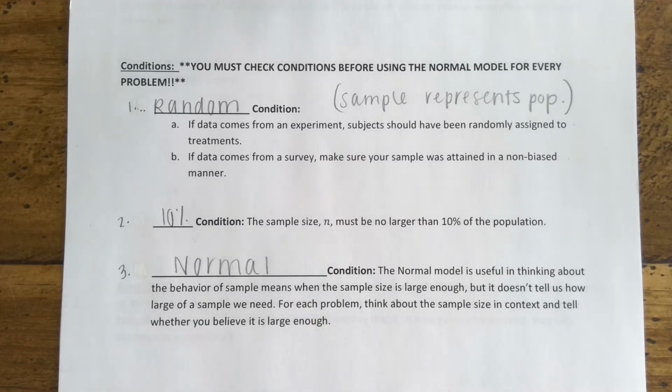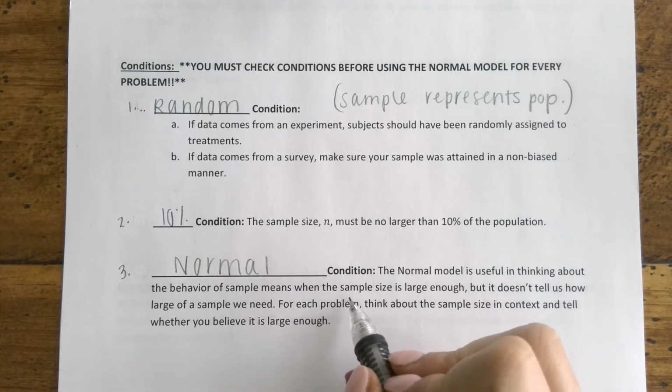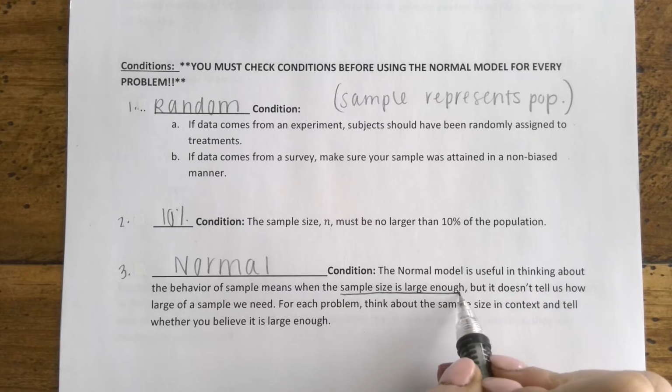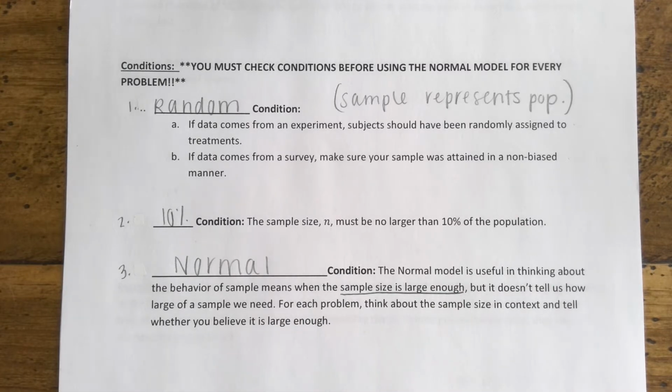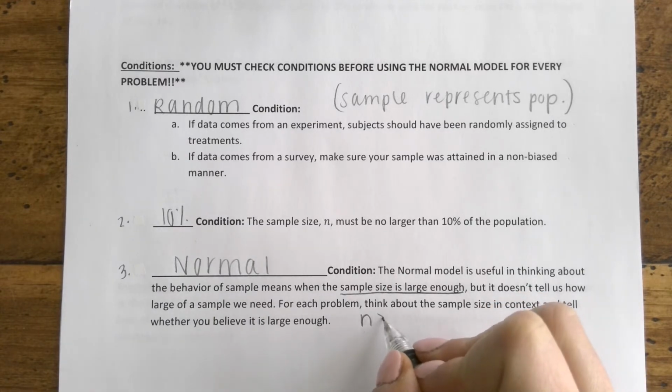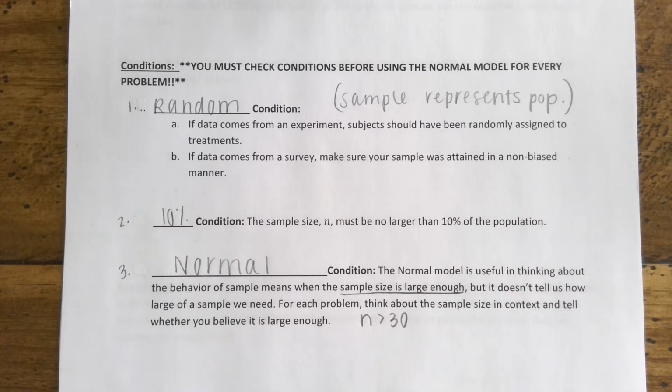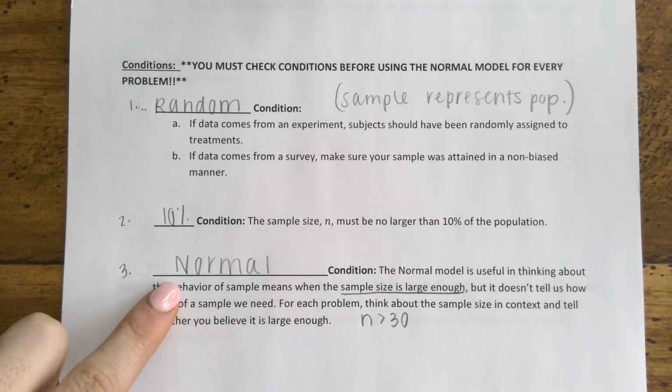Now, most of the time they will not tell you that, so what we will do is make sure that we have a large enough sample. We're asking enough people so that it should follow a normal model. Now, this isn't always true, but typically what we say is that we want our sample size, our n value, to be greater than 30. If it's greater than 30, then it will meet this normal condition.